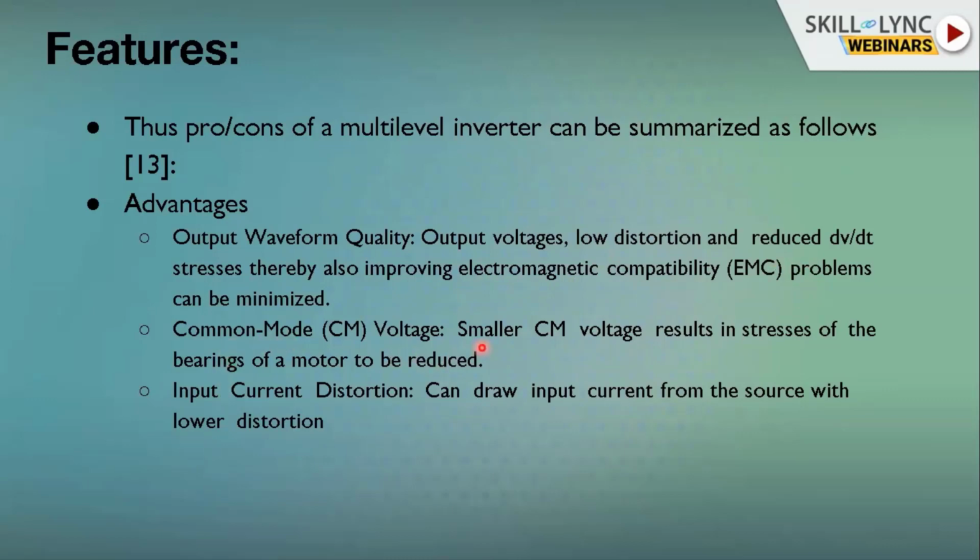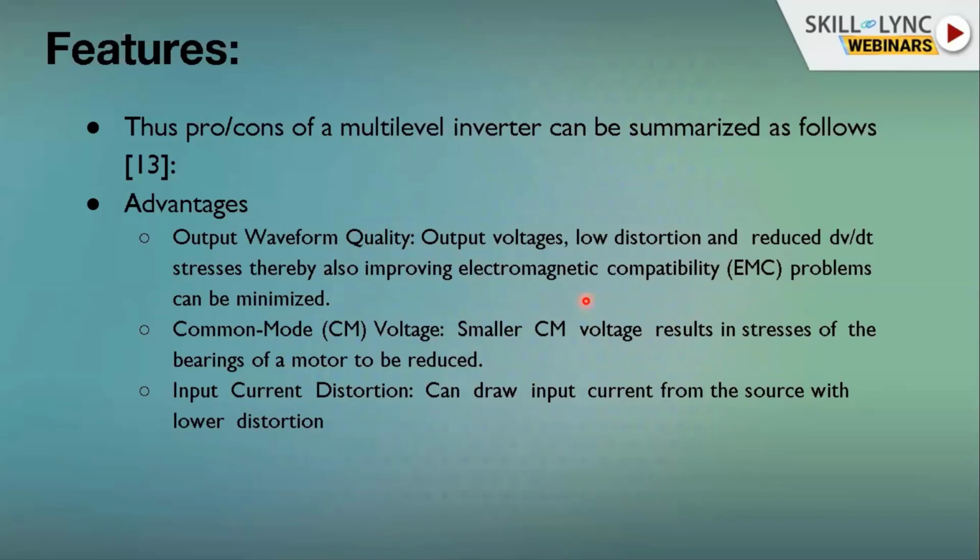Second, common mode voltage. A smaller common mode voltage results; for a particular example, if you have a drive, this will result in reduced stresses on the bearings of a motor. What is common mode voltage? This goes back to common mode noise, where noise traverses on, say, the incoming two lines, the positive DC rail or negative DC rail, or the phase and then the neutral, and then returns back through the common earthing path.